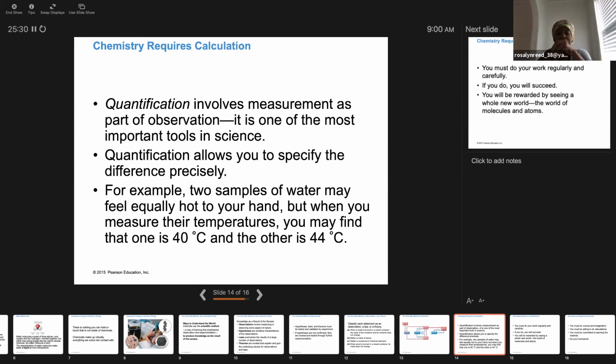The correct term is that your precision instrument, the hand, cannot measure the difference of 2 degrees. So you need a thermometer, and there are different kinds and forms of thermometer. Again, I can say that it is 41 degrees, I can say 41.5 degrees, I can say 41.0 degrees, or I can say 41.00 degrees centigrade. So what should I use?